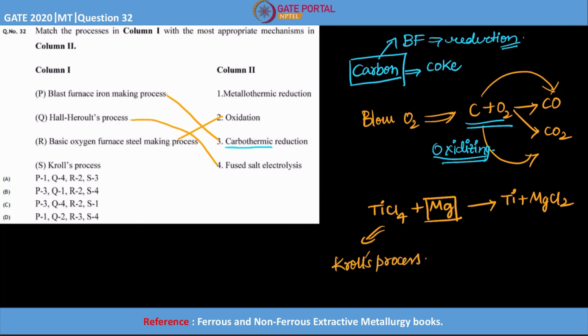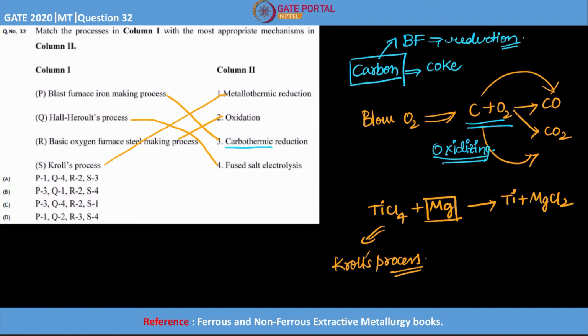So what is metallothermic reduction? Where carbon is used as a reducing agent, we call it carbothermic reduction. Whereas when some other metal, here magnesium, is used to reduce your titanium chloride, it is called metallothermic reduction. So your Kroll process is a metallothermic reduction.